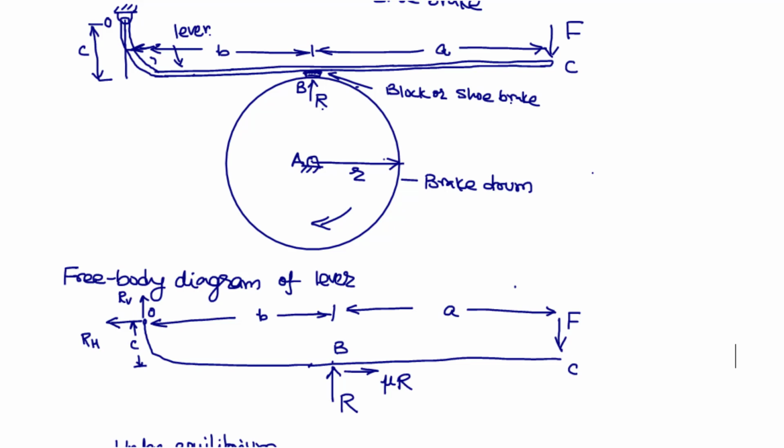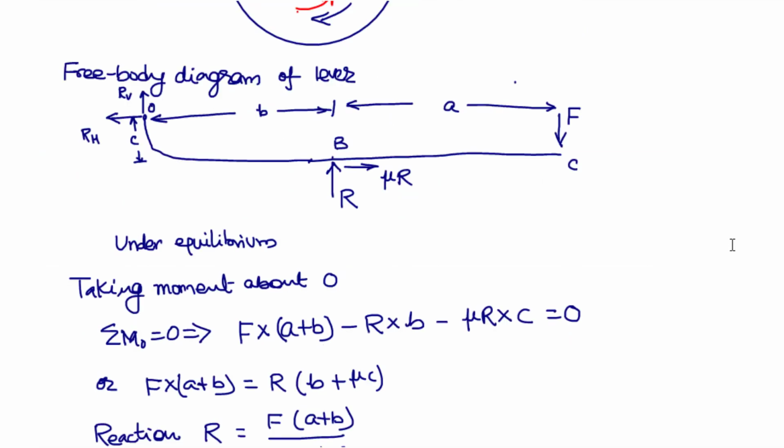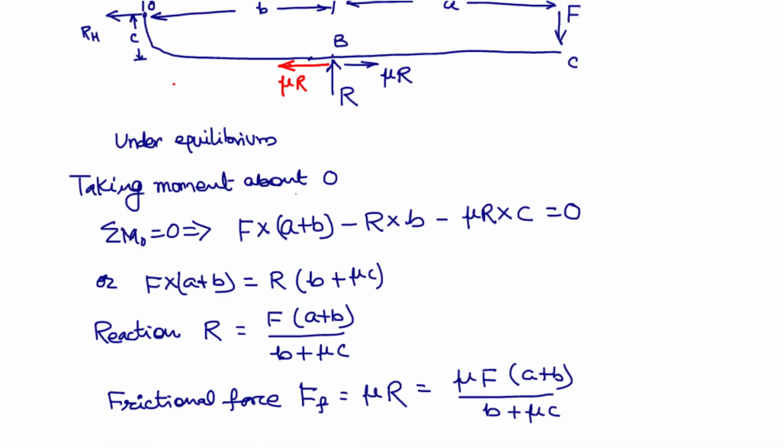Now next, when the brake drum rotates anti-clockwise direction, the direction of friction force will be mu R opposite to that direction.